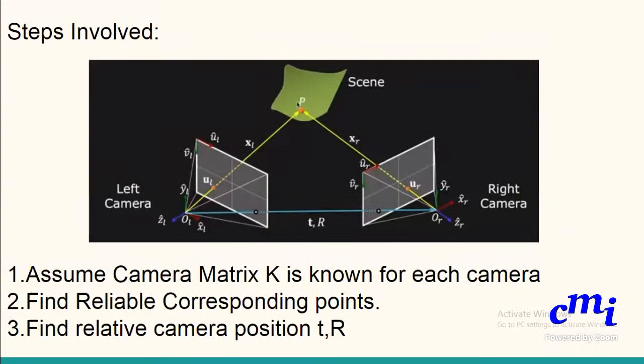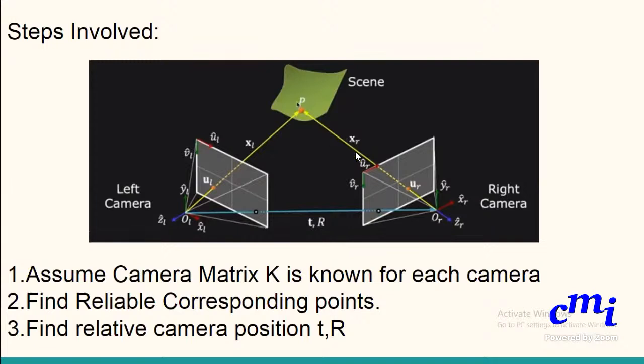First we'll assume that we know the camera matrices, the intrinsic parameters of each camera, left and right. We'll find the corresponding points of interest between the two images, and using that we'll estimate the translation and rotation of the right camera with respect to the left camera. This is our goal. How we'll go along, we'll discuss later.